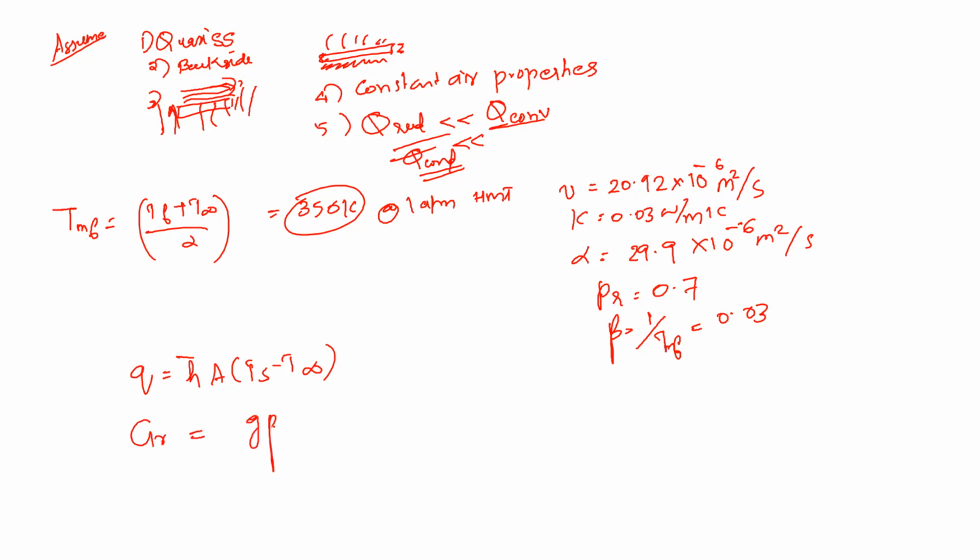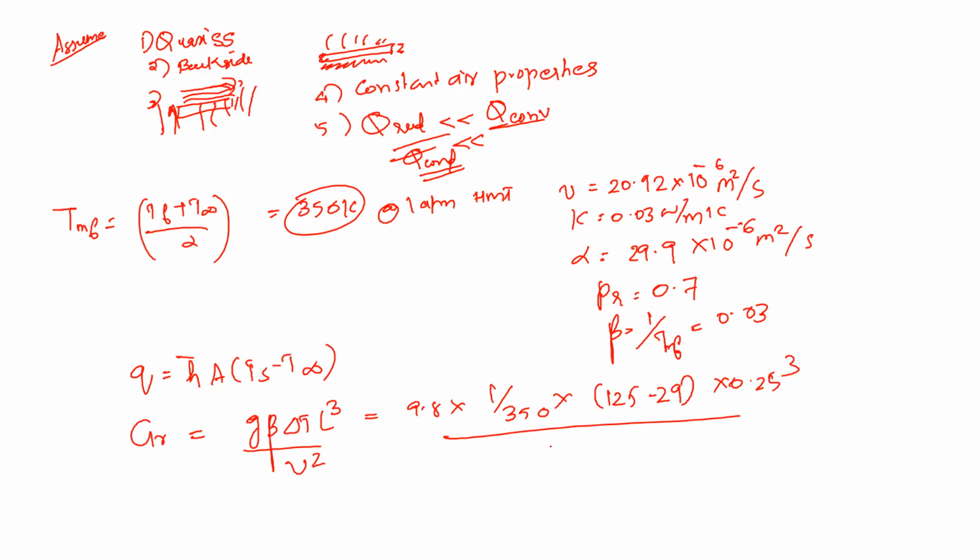Grashof number is g beta delta T L cube by nu square. So that comes to be 9.8 into 1 by 350 into (125 minus 29) into 0.25 cube by nu square, where nu is 20.92 into 10 raised to minus 6, the whole square. That value comes to be 9.597 into 10 raised to 7.